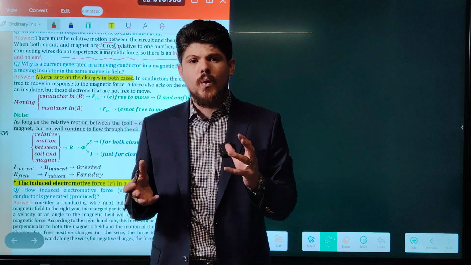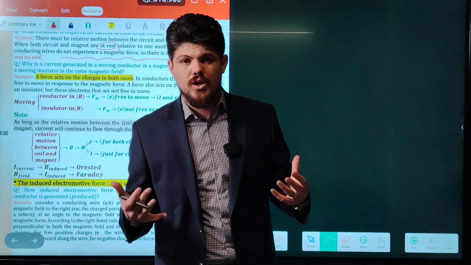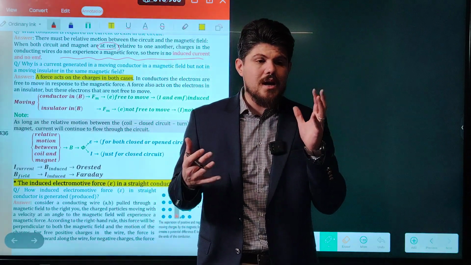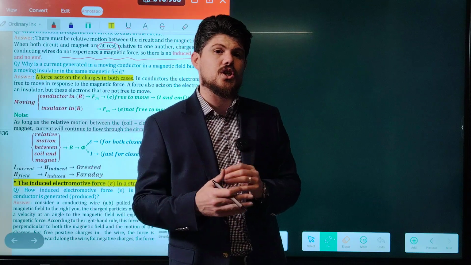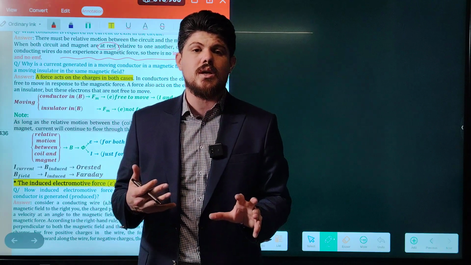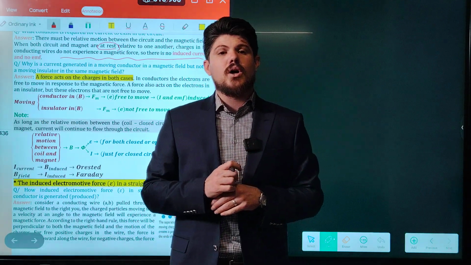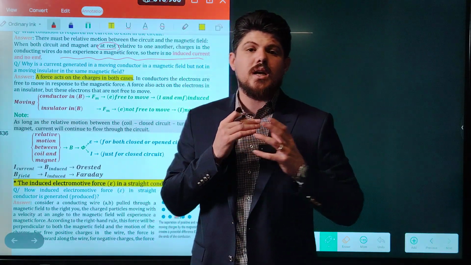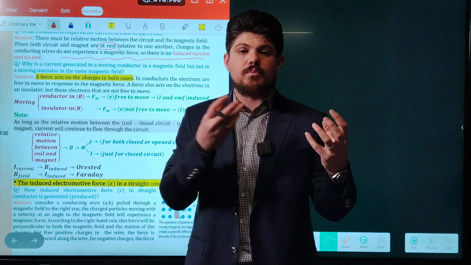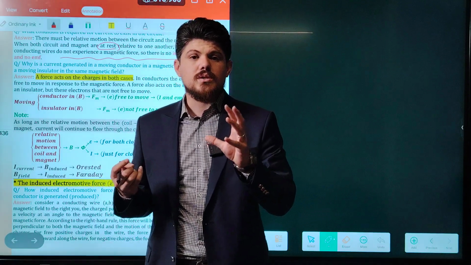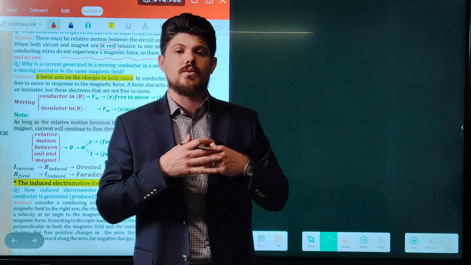Be careful. Why? Because in the insulator also we have positive charge and negative charge, we have atoms. So by moving this positive charge and negative charge in the magnetic field, the magnetic field exerts a magnetic force on the insulator. But this magnetic force acting on the insulator cannot separate the negative charge and positive charge in the outermost shell of the atom of the insulator.